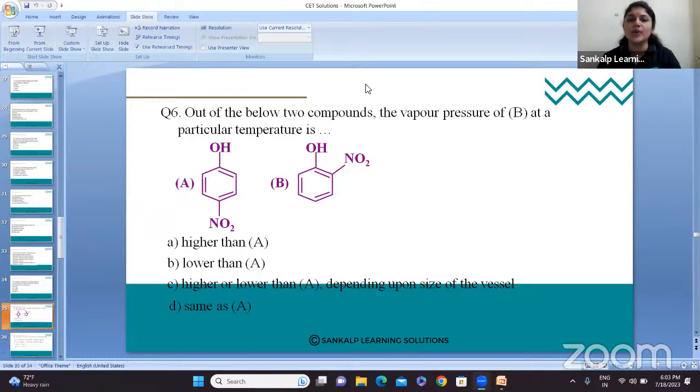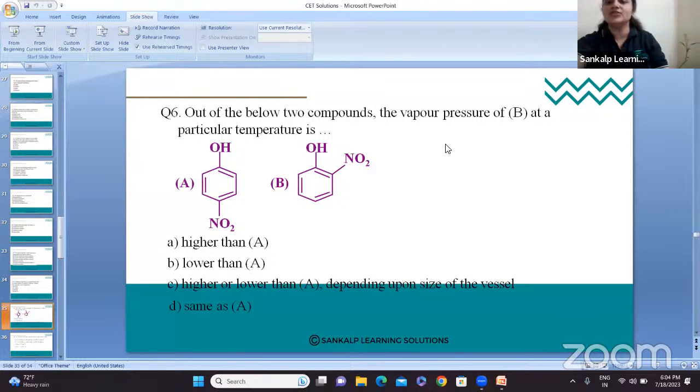So the question is, out of the below two compounds, the vapor pressure of B at a particular temperature is. There are two compounds given. The first compound A is para-nitrophenol, and the second compound is ortho-nitrophenol.